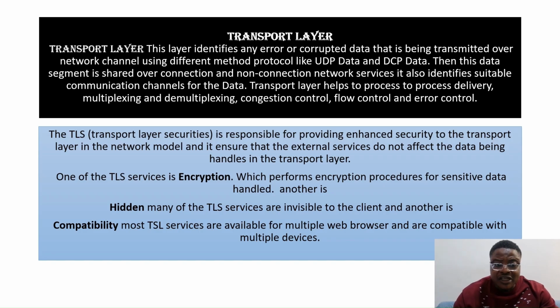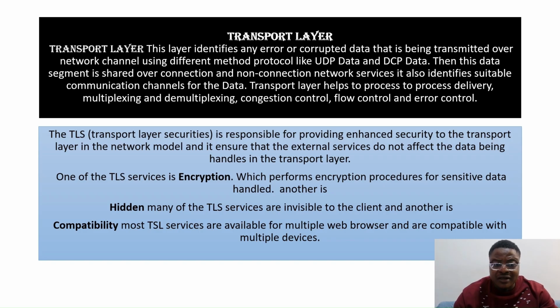The services of the transport layer include TLS, which means Transport Layer Security, and is responsible for providing enhanced security for the transport layer and the network model. It ensures that external services do not affect the data being handled in the transport layer.